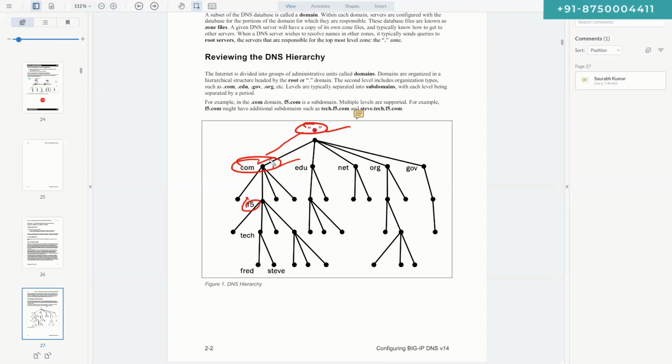These domains are known as subdomains. And within a subdomain, you can again have multiple levels of subdomains. Like within f5.com, you can have tag, and then within tag, you can have different users like sourab.tag.f5.com, Fred, Steve, whatever. This is how things are separated, and how the DNS hierarchy is built.